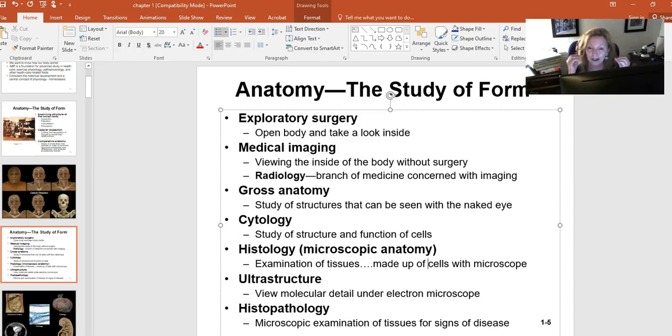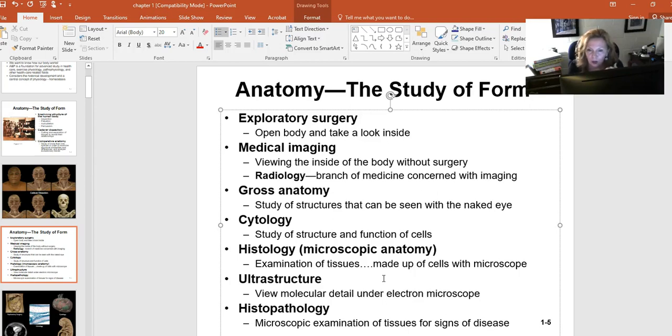To see a human cell, you do need microscopes and the aid of magnifying lenses. They're not visible with the naked eye, so you can't see them on gross anatomy. But all of our tissues are made of cells. So to be able to see how those cells are working together to form those tissues, it's going to be vital that we understand histology.